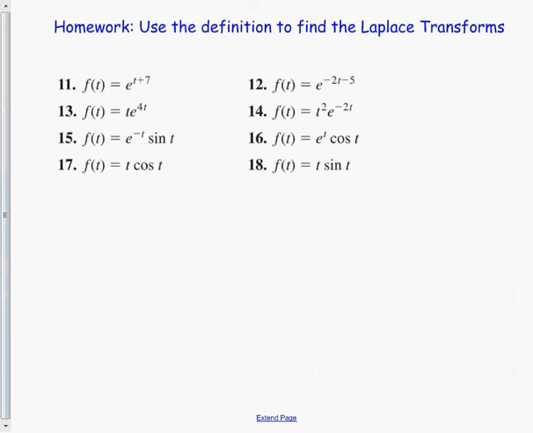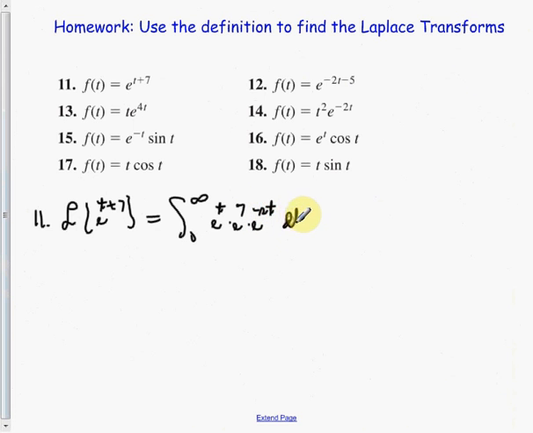Here, use the definition to find the Laplace transform. Let's take number 11. Now, when they say the definition, they mean to use that integral. So, the Laplace transform of e to the t plus 7 is the integral from 0 to infinity of e to the t times e to the 7, then times e to the negative st dt.